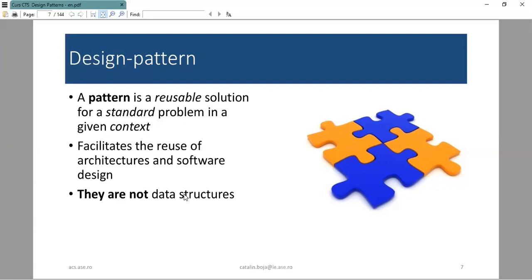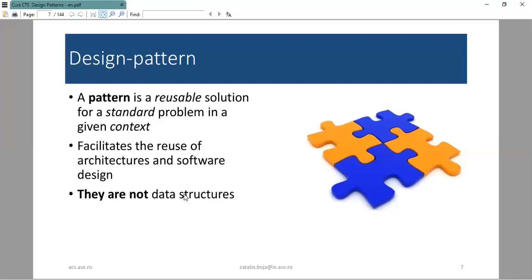So a pattern is a fixed, let's say, shape, which is actually a solution for a defined problem, for a known problem that has some characteristics that we need to identify. Okay, so it's like a puzzle piece. You can't use that puzzle piece for filling up another location.